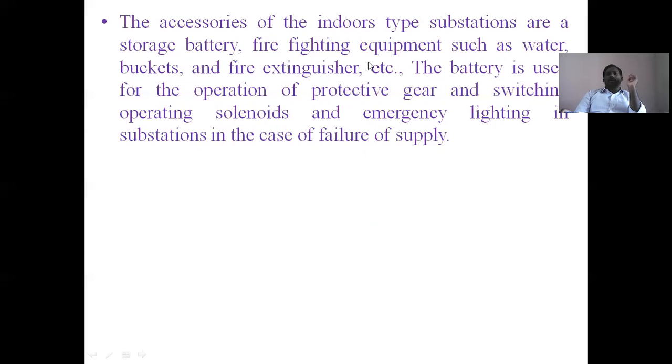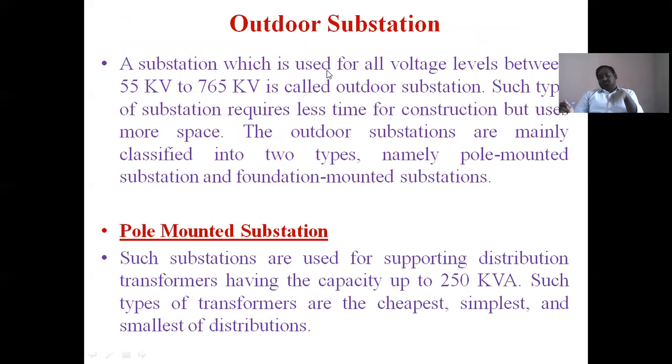So the next one is the outdoor substation. Outdoor substation means these are outside, not inside. Generally, an outdoor substation is preferred when the voltage levels are between 55 kV to 765 kV. In our distribution voltage it is not like that.